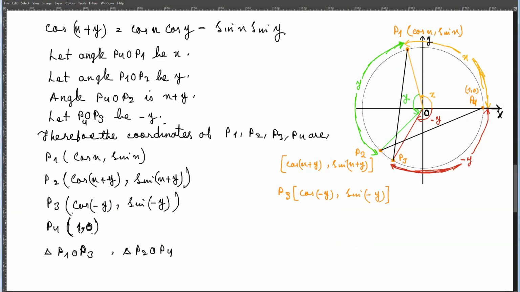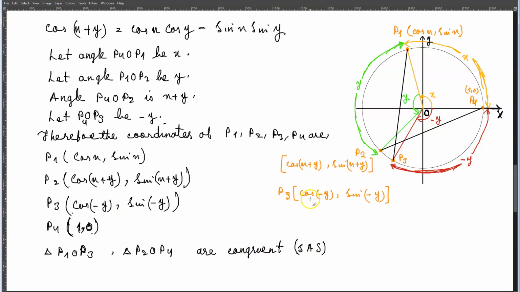And one more thing: the sides OP1, OP3, OP2, and OP4 are all equal. So these two triangles are congruent, based on the congruency rule side angle side, SAS.